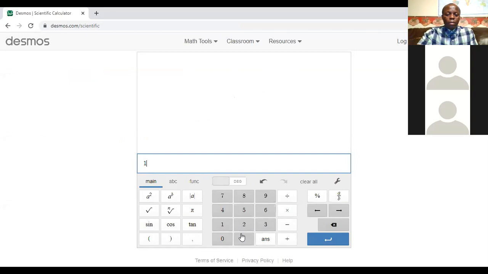Excuse me, one mistake. I'm going to put it in parentheses so it follows the order of operations: 1.28 times the standard deviation of 20, close it, plus the mean of 200. That gives 225.6. So this is the lowest possible score to qualify: 225.6.